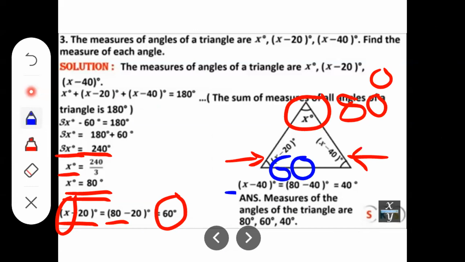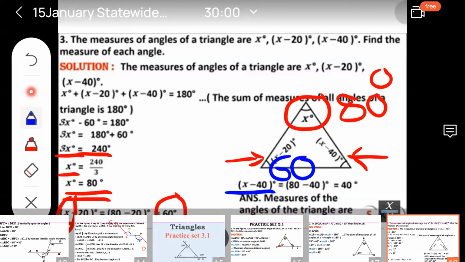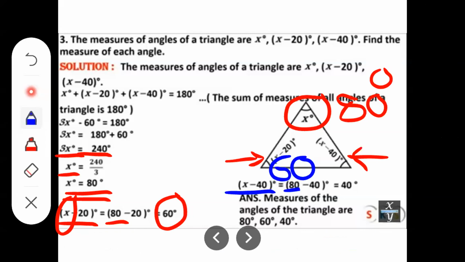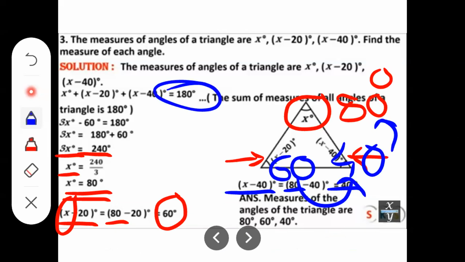And the third one is x minus 40. So 80 minus 40, that is 40. So the last angle is 40. Now do the total here: 60 plus 40 plus 80 together gives 180 degree. So those are the values we got here.